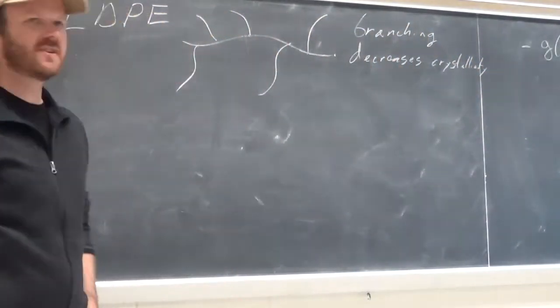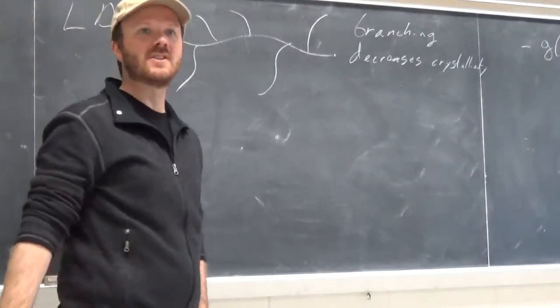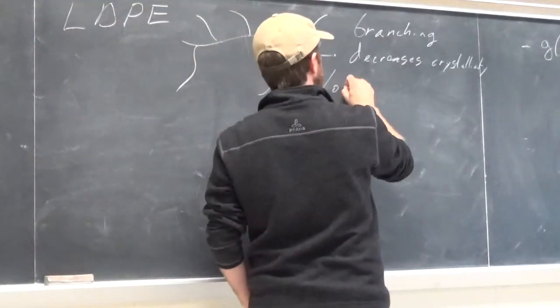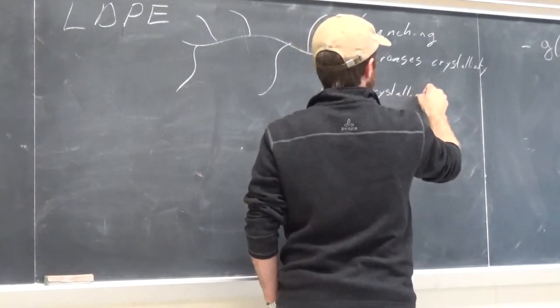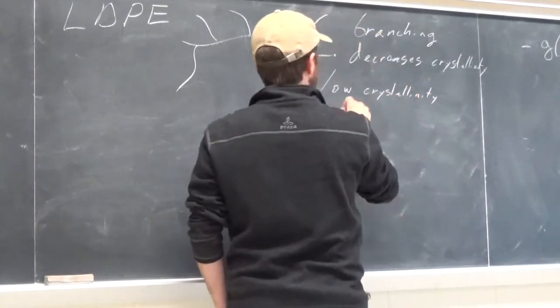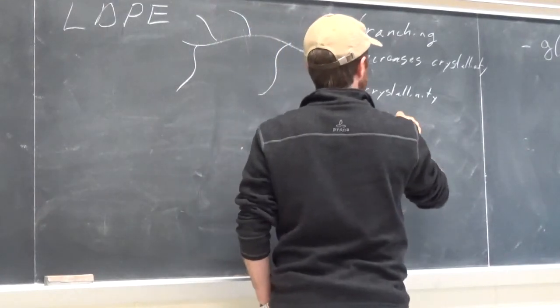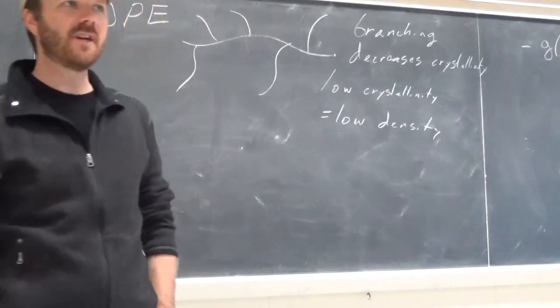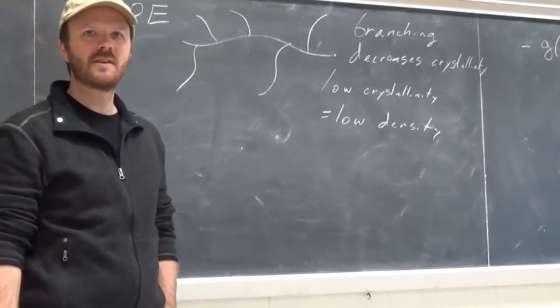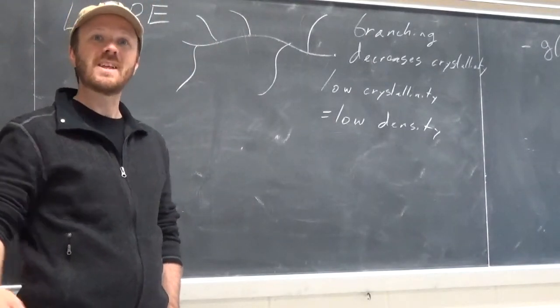Good, so branching decreases crystallinity always, and so if it has low crystallinity, that equals low density. What's the mechanical strength of a low density polyethylene? Relatively low.